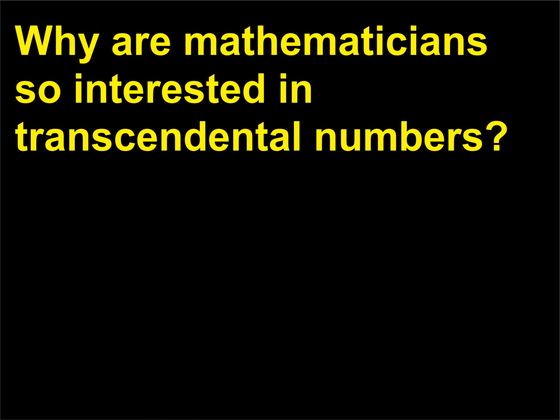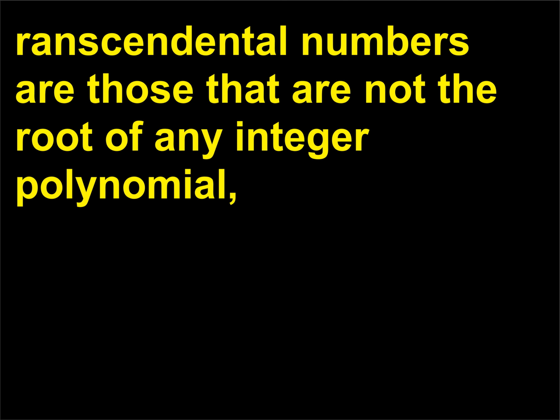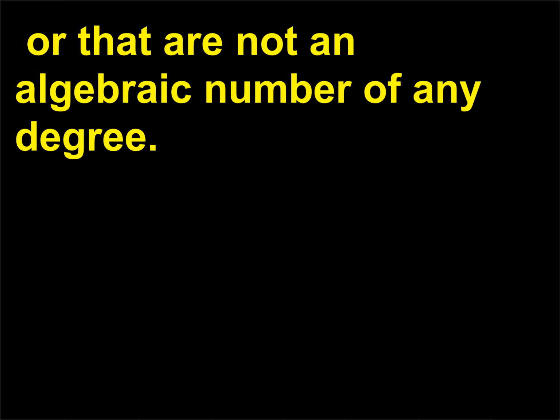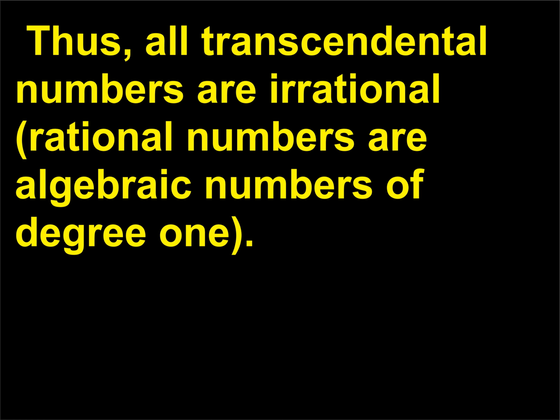Why are mathematicians so interested in transcendental numbers? Transcendental numbers are those that are not the root of any integer polynomial, or that are not an algebraic number of any degree. Thus, all transcendental numbers are irrational.